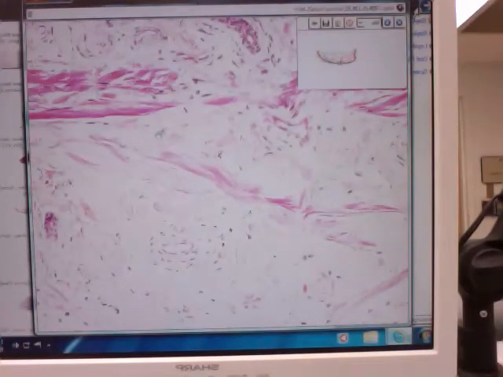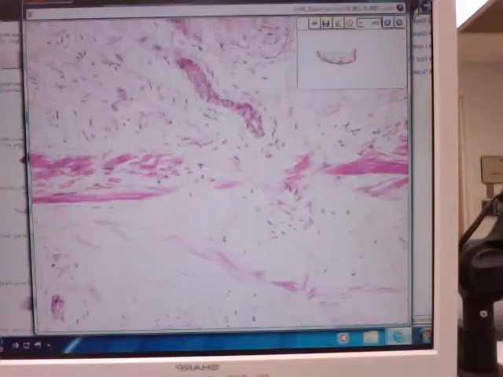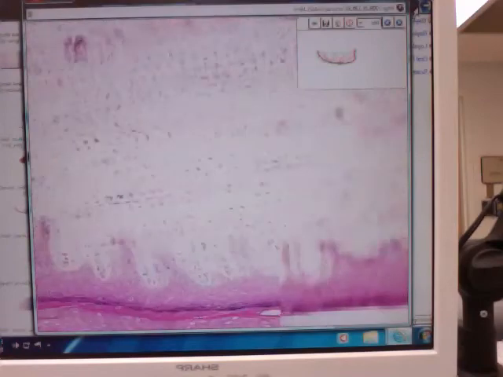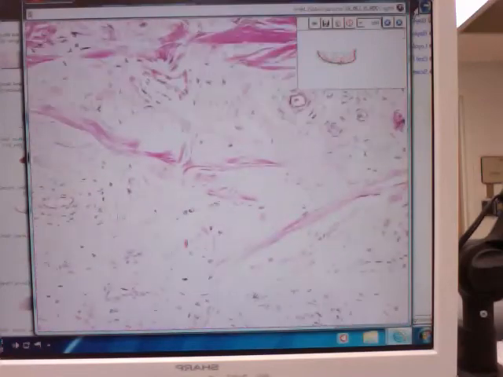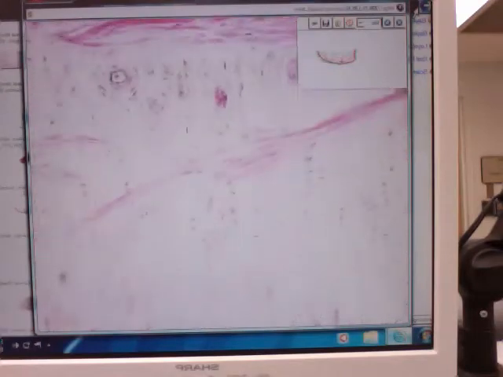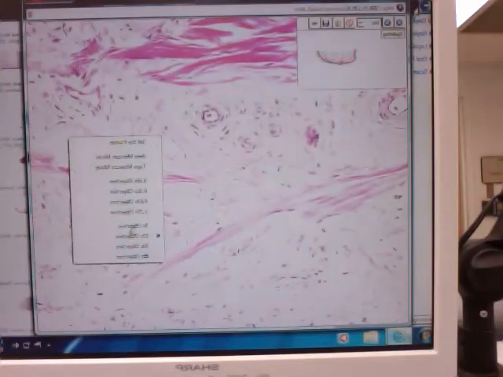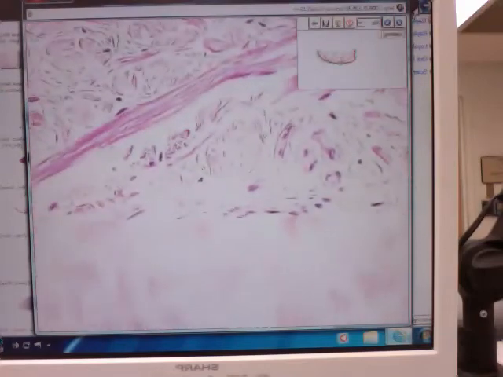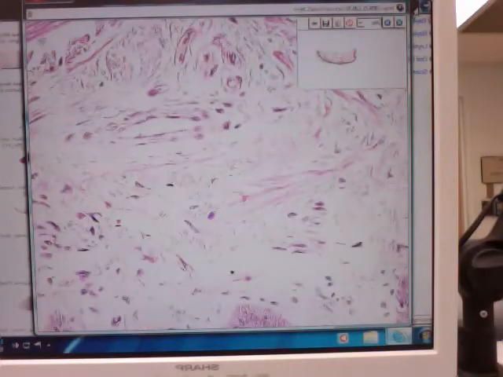Some of them just don't have the collagen fibers packed in as much, but that's all dense irregular. Now, one thing you need to be aware of as well, it's probably better on the other slide than this one. You can see pieces of the duct. Let's go do the other one.